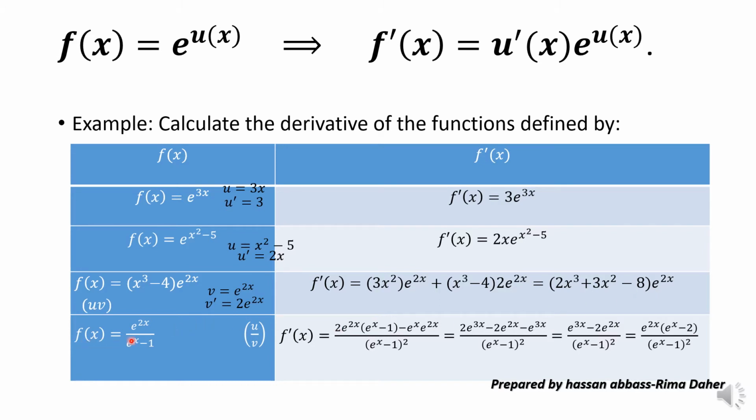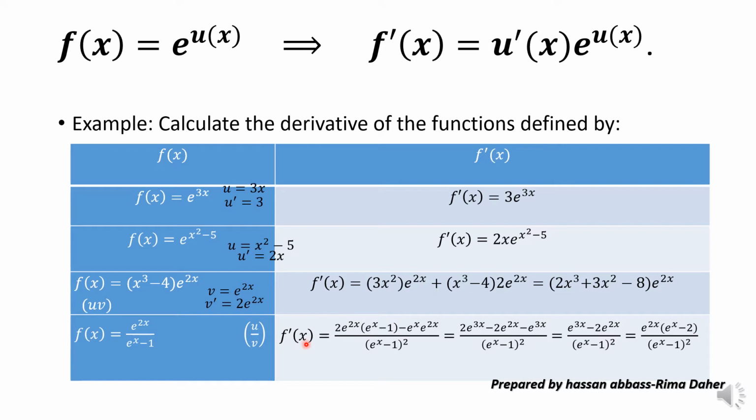If f of x equals e^x over e^x minus 1, this function is of the form u over v, where u equals e^x, then u prime equals e^x, and v equals e^x minus 1, then v prime equals e^x.